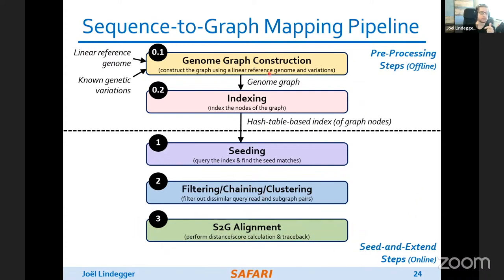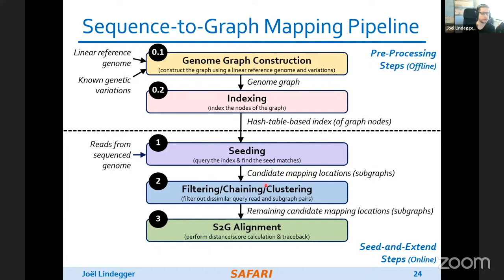So we construct the graph, we index the graph into a hash table-based index, and now we get reads. What we do with reads is we extract small sequences from the reads, we query them in the index and check which parts of the reference graph might fit well. We call those candidate mapping locations. Then we filter out the worst ones with some filtering algorithm, hopefully very efficiently. And then the remaining candidate locations are aligned with sequence-to-graph pairwise alignment.